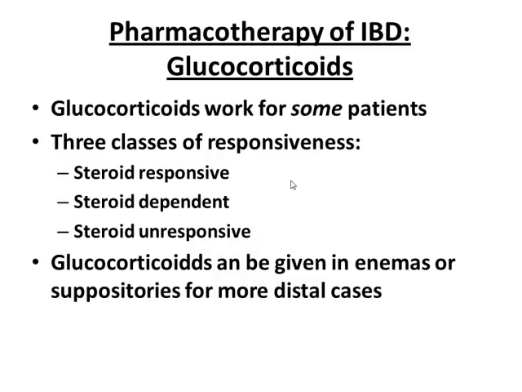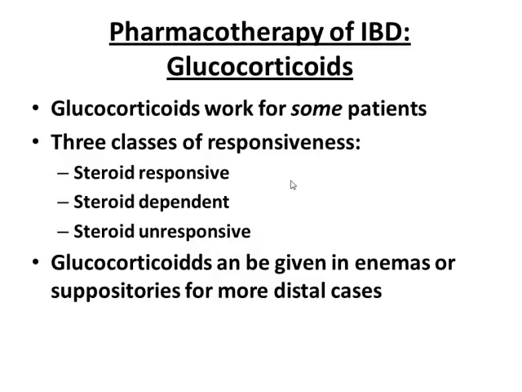As you probably expect, glucocorticoids can also be used to treat IBD, and these will work for some patients. There's 3 classes of responders to glucocorticoids. There's the steroid responsive people, so you can give them a glucocorticoid and they'll get a good response.